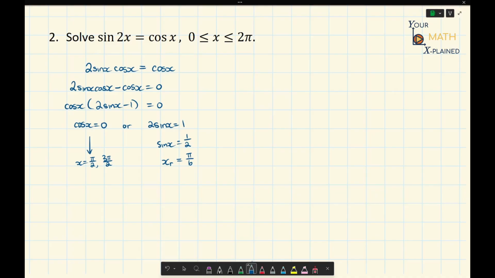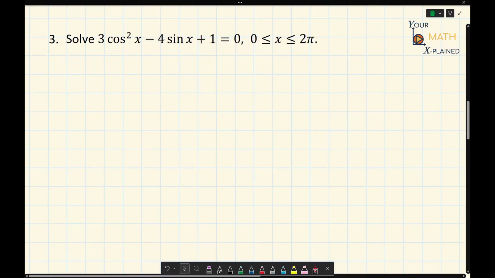So since sine is positive, we would be in quadrant 1 or quadrant 2, which would give us the solutions x is equal to pi over 6 or 5 pi over 6. So then now putting everything together, we would have 4 solutions within our domain, and they are x is equal to pi over 2 or 3 pi over 2 or pi over 6 or 5 pi over 6.